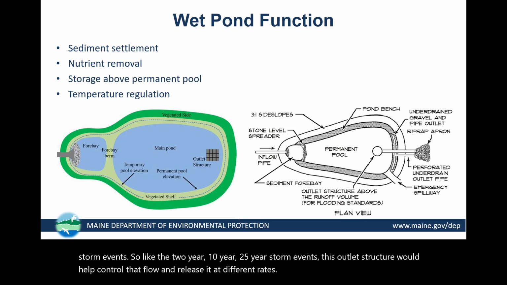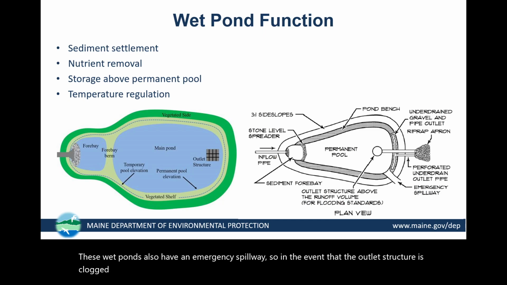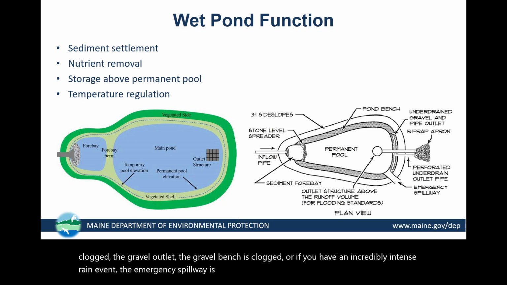These wet ponds also have an emergency spillway. So in the event that the outlet structure is clogged, the gravel bench is clogged, or if you have an incredibly intense rain event, the emergency spillway is there to help control that stormwater overflow without destroying the pond.